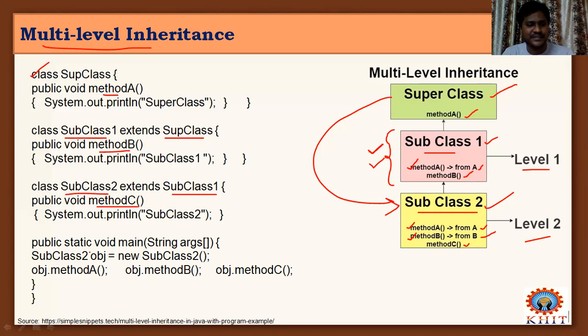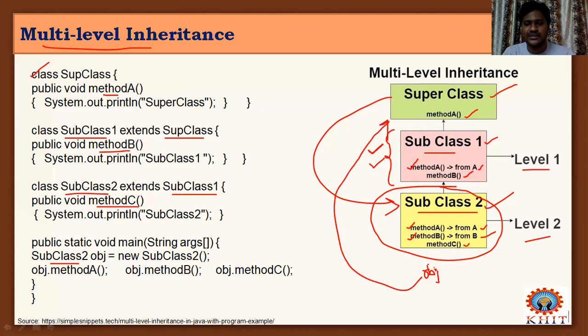And inside the main function, we are creating an object of subclass 2. This object can access the superclass members and the parent class subclass 1 members also.